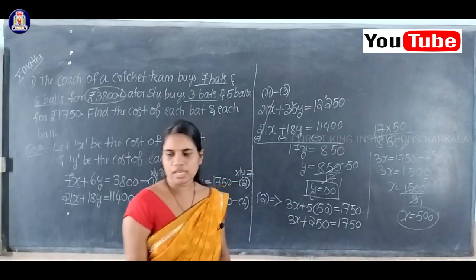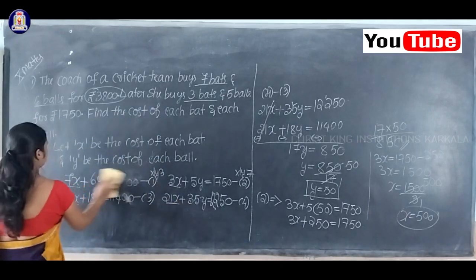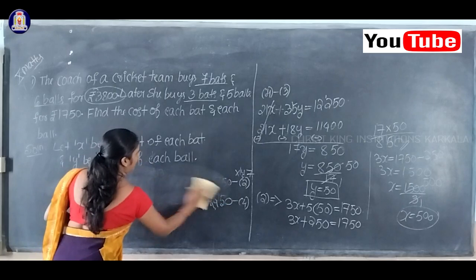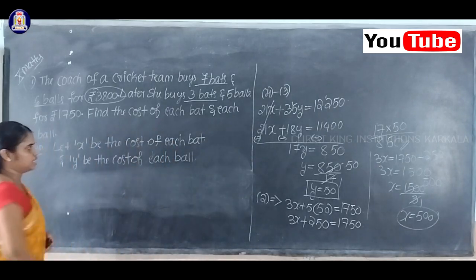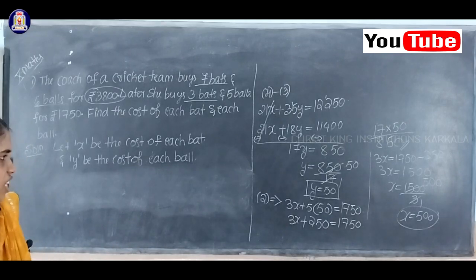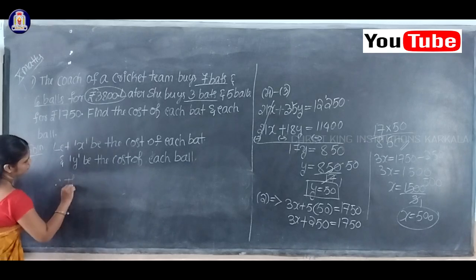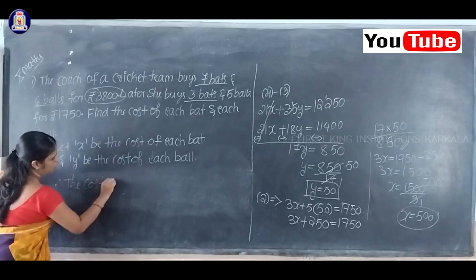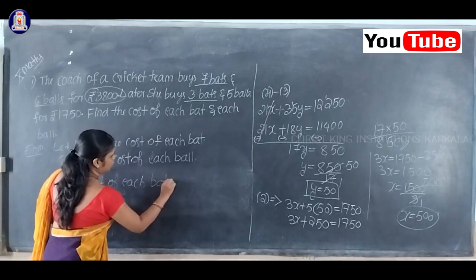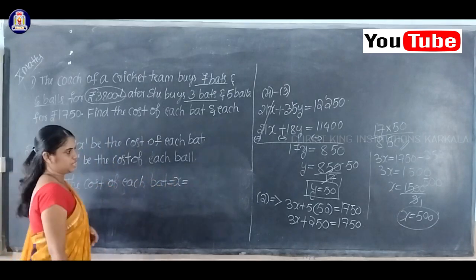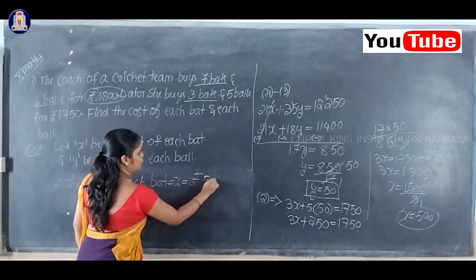Now the final conclusion I have to write. Actually what are we going to find? We have to find the cost of each bat as well as the cost of each ball. Here x is nothing but the cost of each bat. So the conclusion: the cost of each bat equal to x. x is equal to 500, so rupees 500.